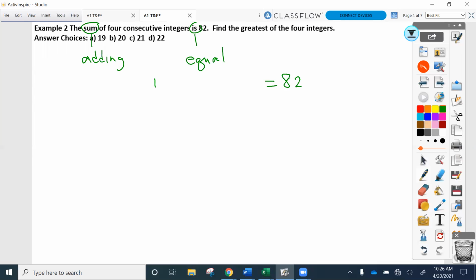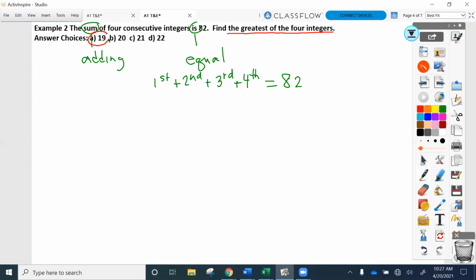So it would be the first integer plus the second integer. And consecutive means right after another, plus the third integer plus the fourth integer. So again, you have to understand what they're asking you for. Here they're saying find the greatest of the 4 integers.